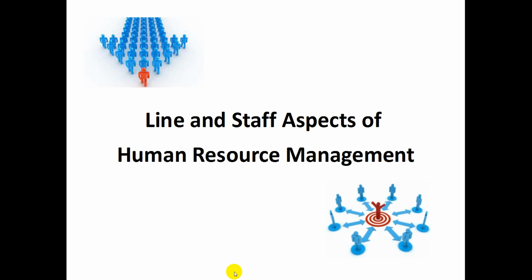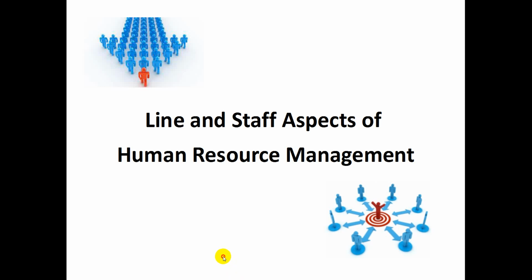How do the duties of this human resource manager and department relate to the human resource duties of sales and production and marketing and other managers? Answering this requires a short definition of line versus staff authority.